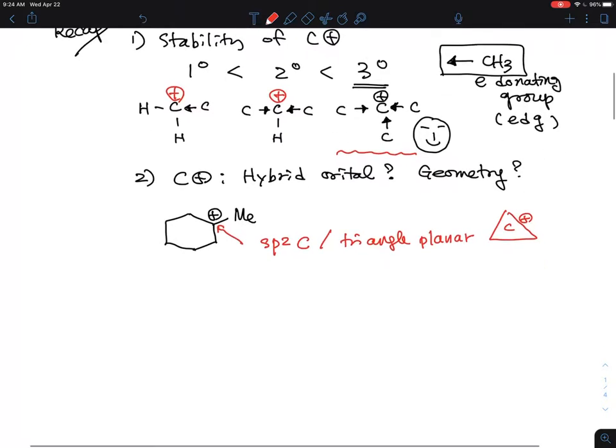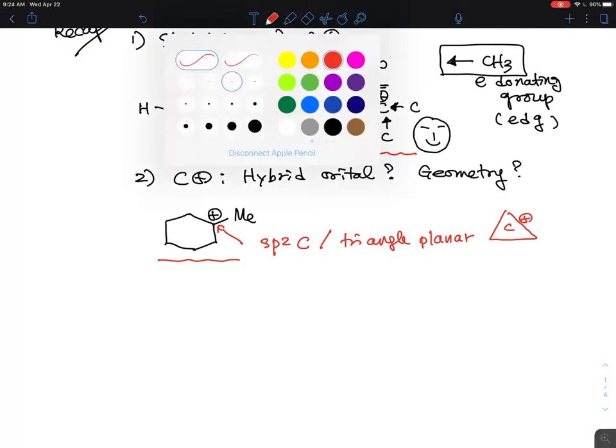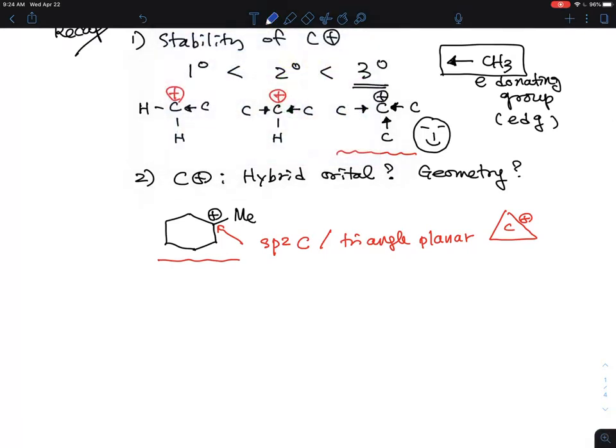So if you see this one, the geometry that you have to develop, the concept is, let me just put a piece of paper. Three-dimensionally, this is a piece of paper. Your carbon is sitting in here, and the methyl is on the same plane, and then they form these cation charges, forming this triangle.